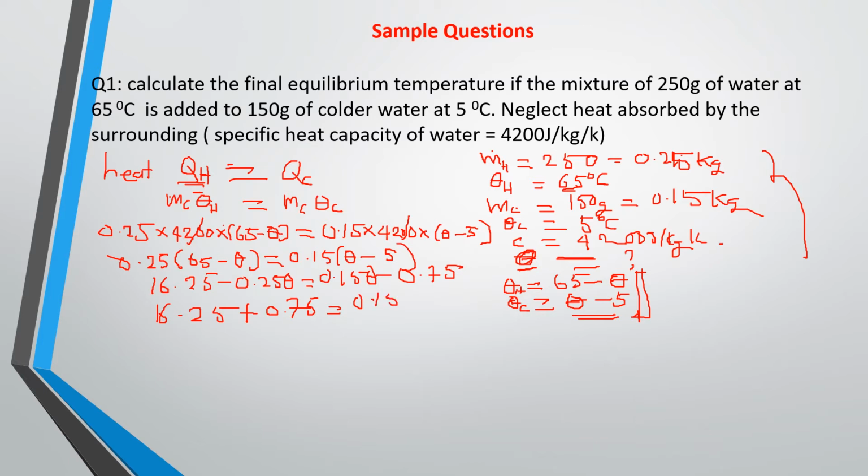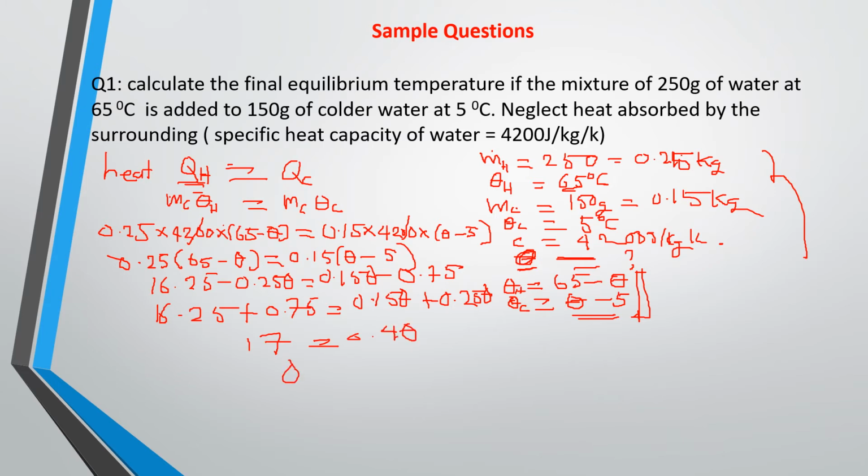Okay, so when you work all this out, this will give us 17 equals 0.4 theta.